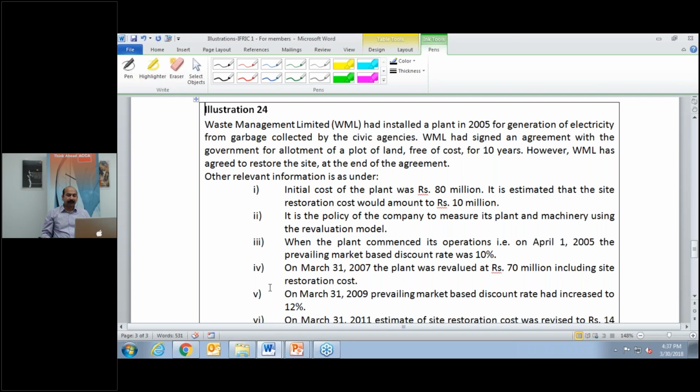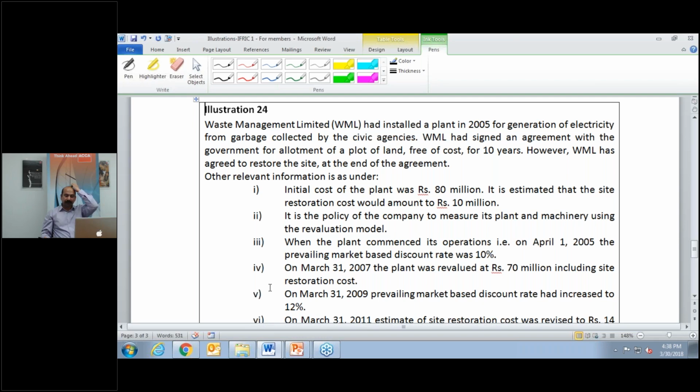On March 31st, 2007, the plant was revalued at 70 million, including site restoration cost. On March 31st, 2009, prevailing market-based discount rate had increased to 12%.